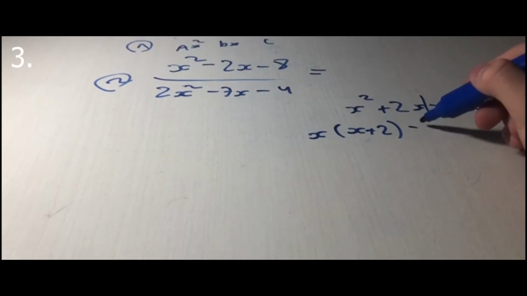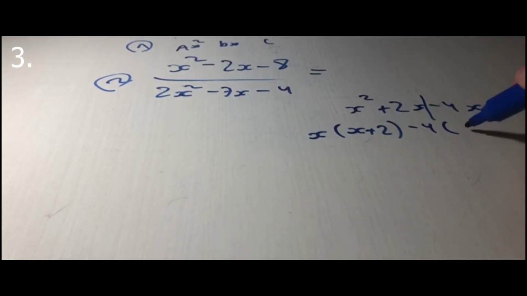So here is negative 4, open parentheses, x plus 2, because negative 8 divided by negative 4 is 2, because a negative divided or times another negative will be a positive.